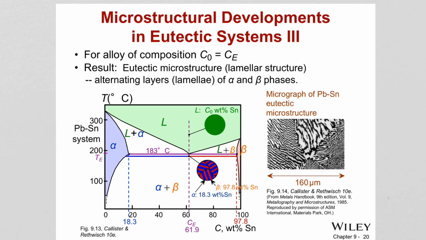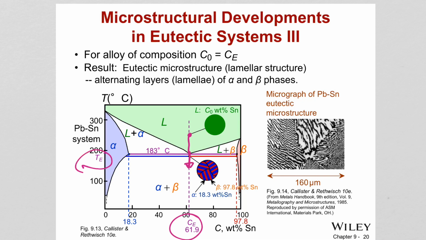Now let's look at a eutectic composition. That means our original composition is equal to the eutectic composition, and we do the same cooling and analyze the microstructure. How does it look? Again, we start with the liquid, and as we cool it down without any other phases, we pass the eutectic temperature.